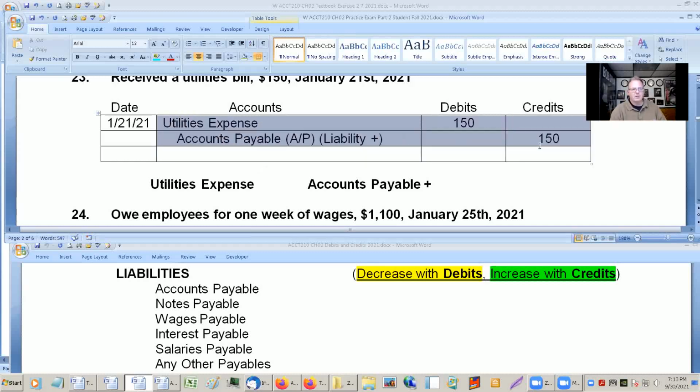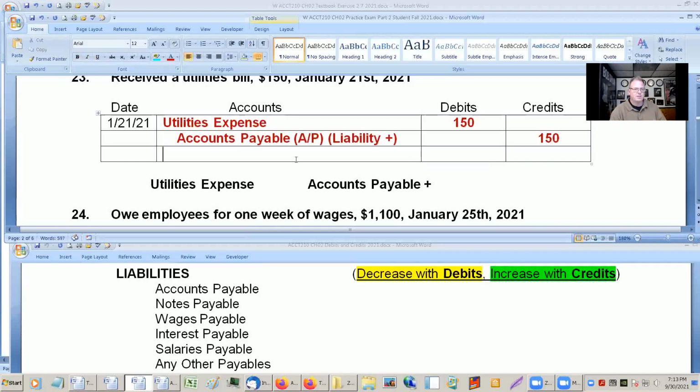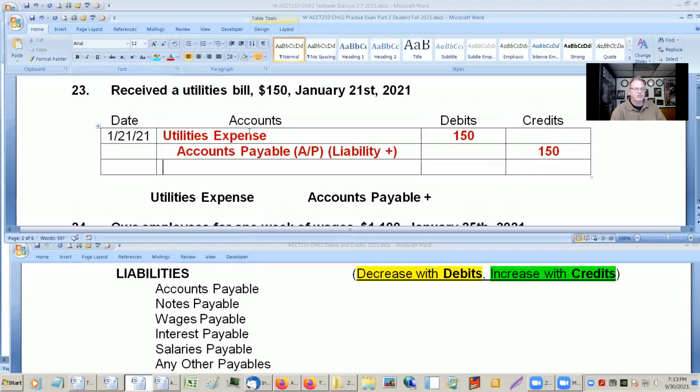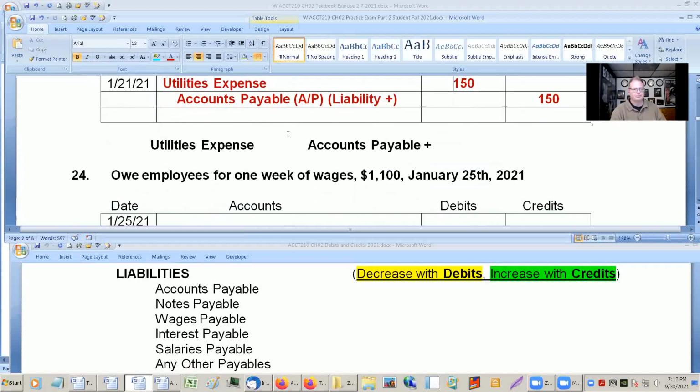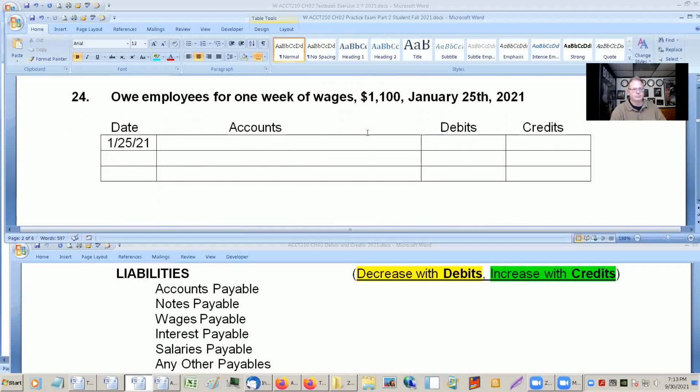So whenever you see expense, it's a debit. Employees' wages for the week.